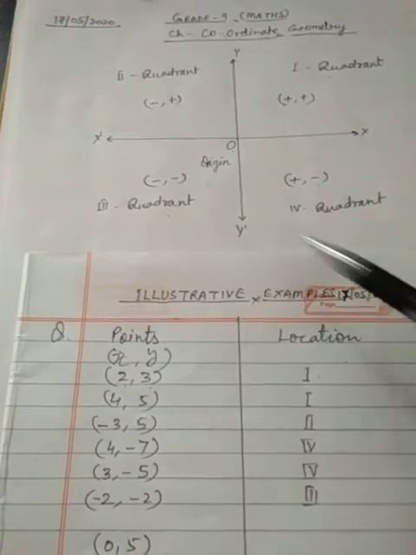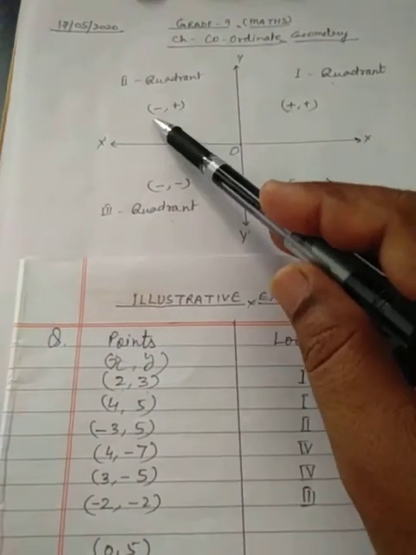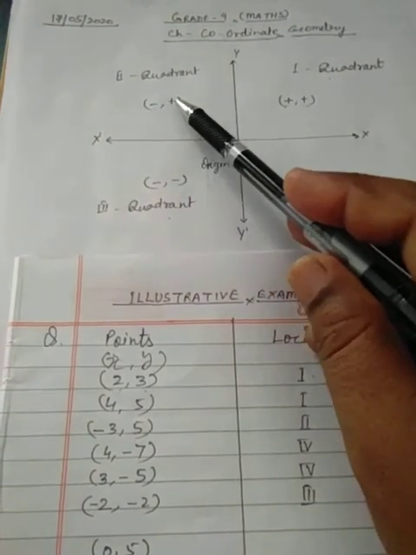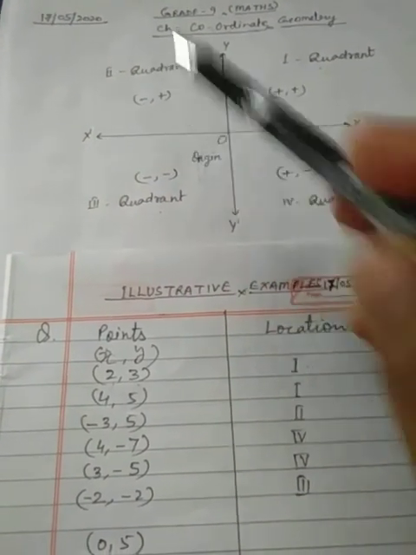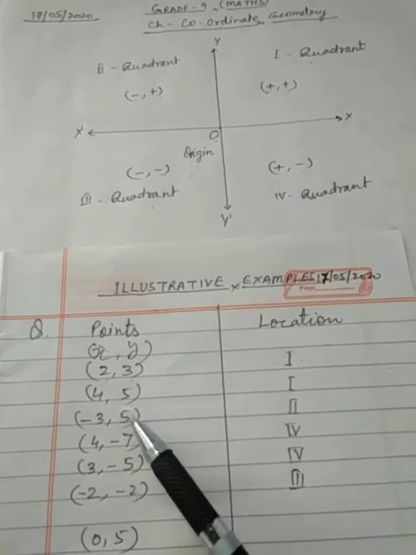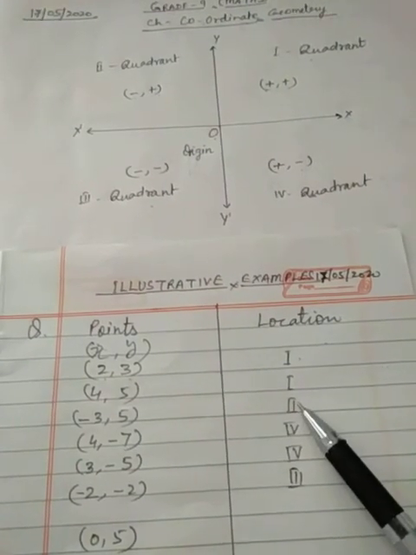I can show you this. By keeping this in view, we can understand. In the second quadrant, x abscissa is negative and ordinate is positive. So this point minus 3 comma 5 will lie in the second quadrant.